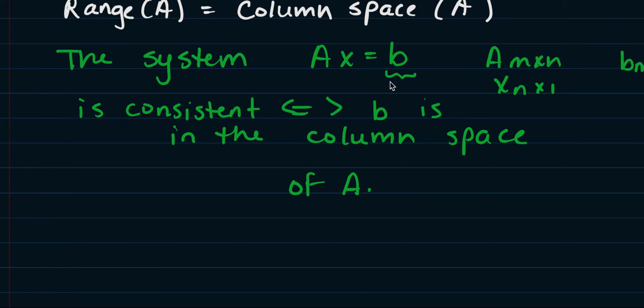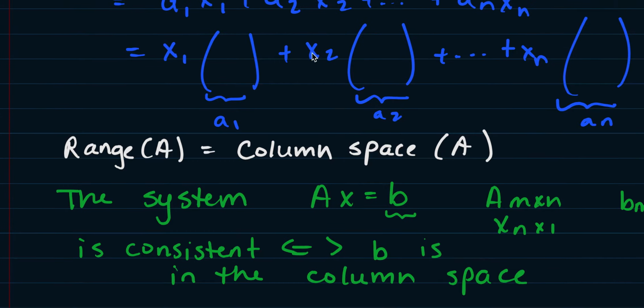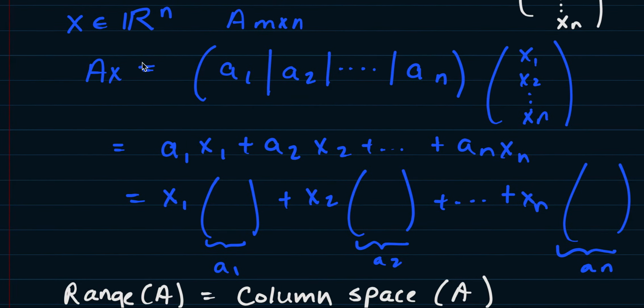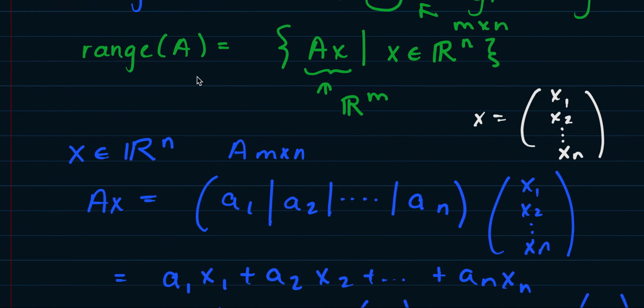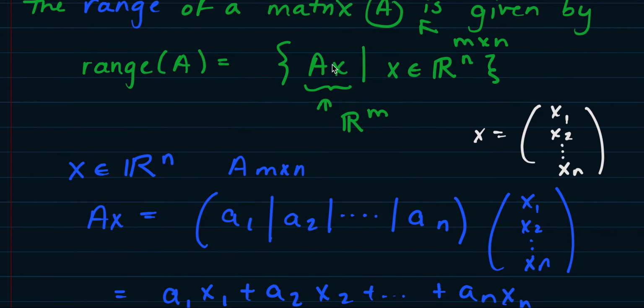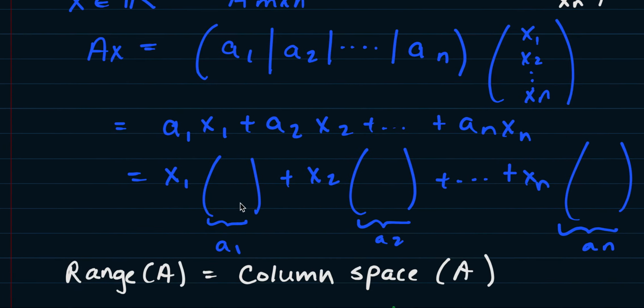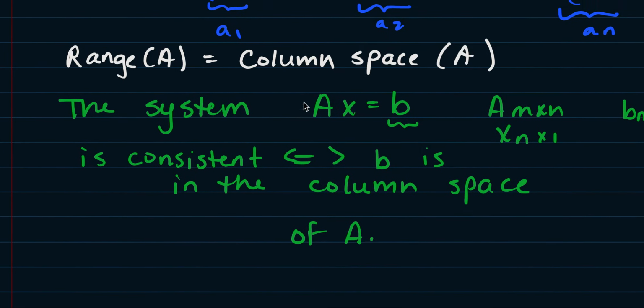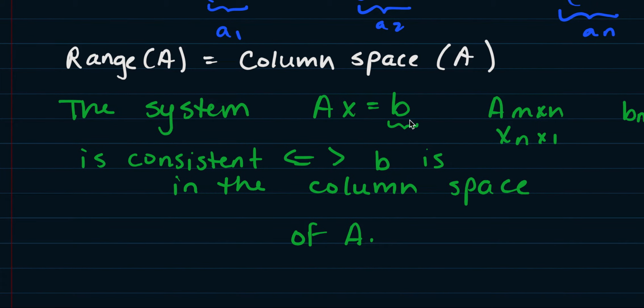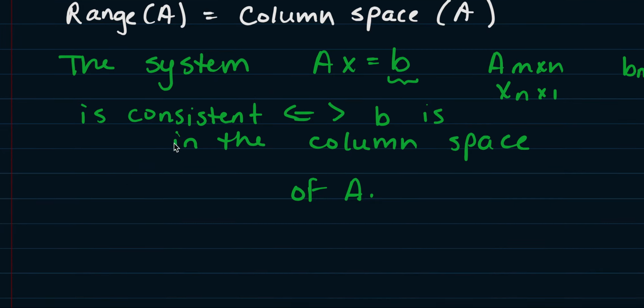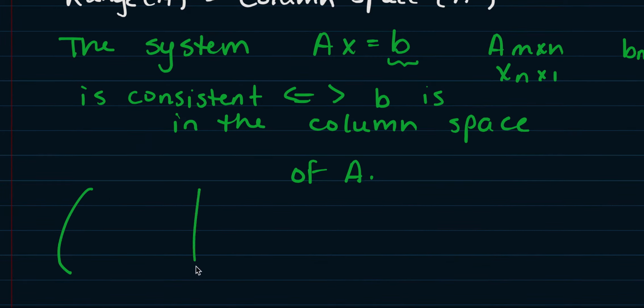In other words, think about what we just did a minute ago. What we're looking for is things in the range. We want to know if B is in the range of A. You see how I have written here AX is equal to B. Remember how we figure out if a system is consistent.